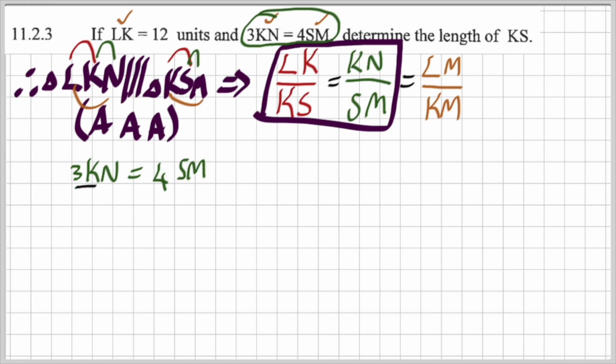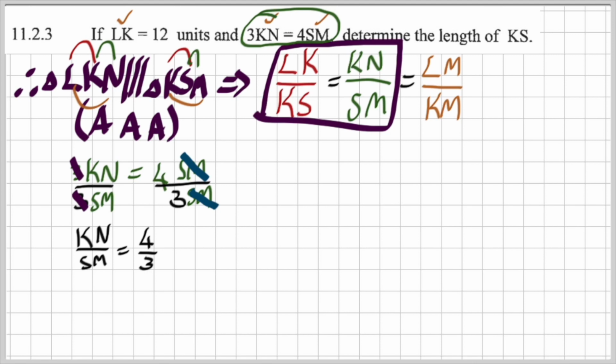So I'm going to divide both sides by 3 and by SM. Why do I do that? Again, look on the right-hand side. Your SMs cancel out. So I'm sitting with KN over SM being 4 over 3.